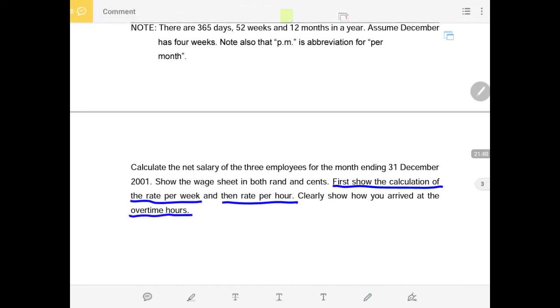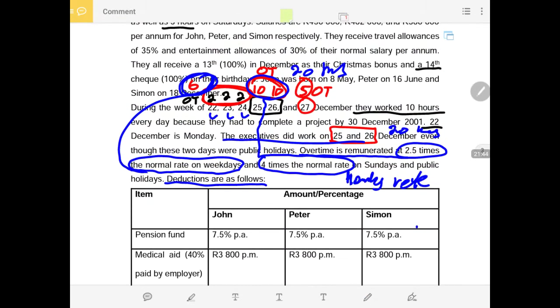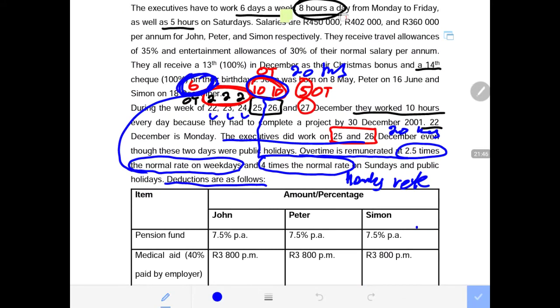So we need to show the calculation, and we have already calculated the overtime hours: it is 6 hours during weekdays, 20 hours for the public holidays, and another one is 5 hours. So we are very clear on that.